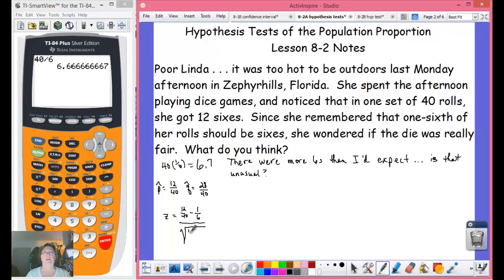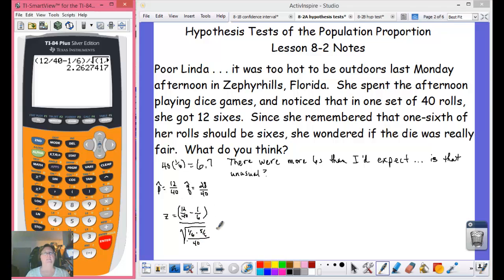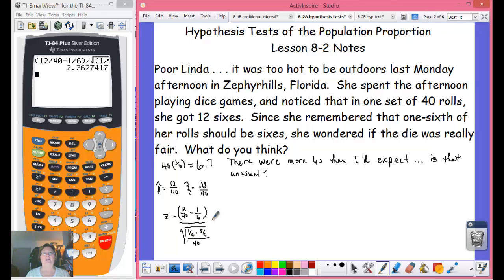See, that's the rule we're operating under. So 1/6 times 5/6 all over 40. I'm going to go ahead and put that in my calculator, and I'm going to ask you to do that as well. You should. All right, as you can see from my calculator, I've done my z calculation. The z-score that I got is 2.26.